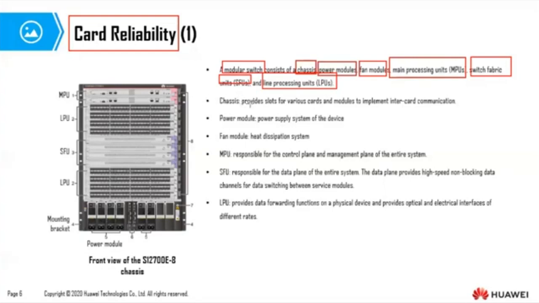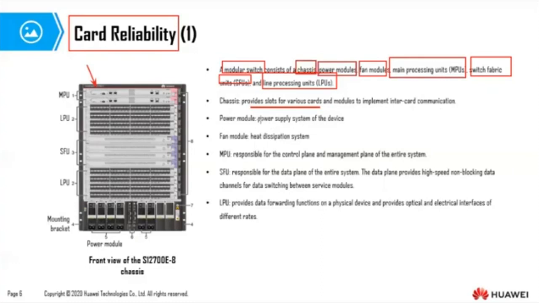The chassis provides the slots for various cards. You can think of the chassis really as the system case, the frame that is holding the entire switch. So it provides slots for various cards and modules to implement inter-card communication.